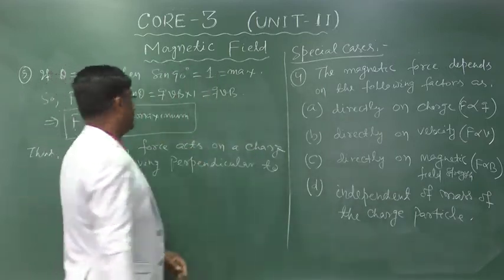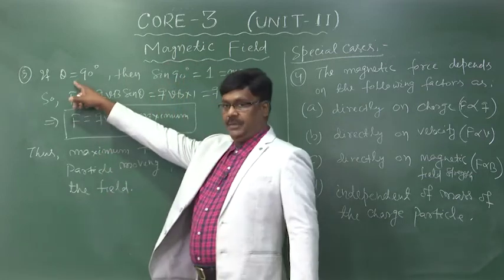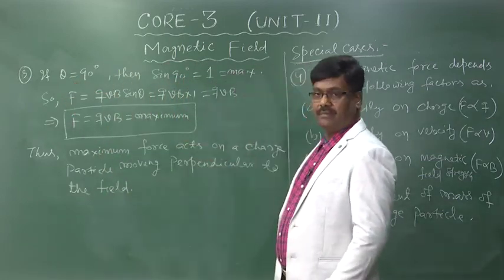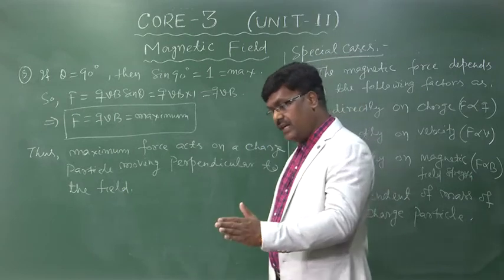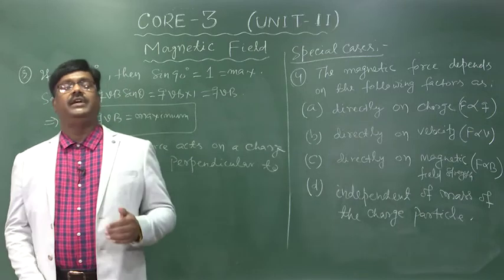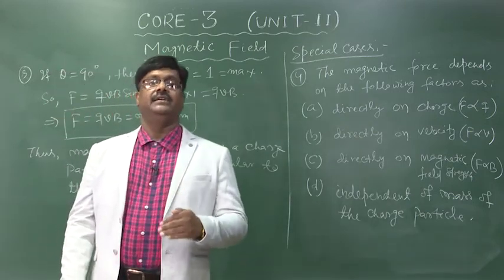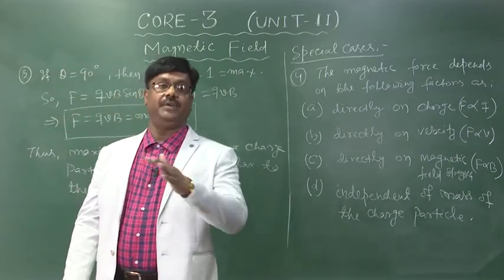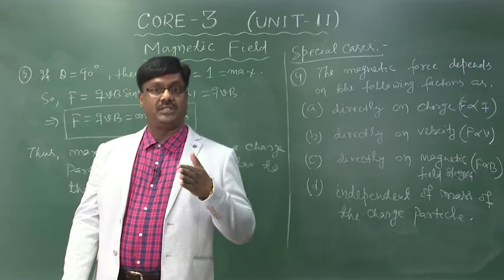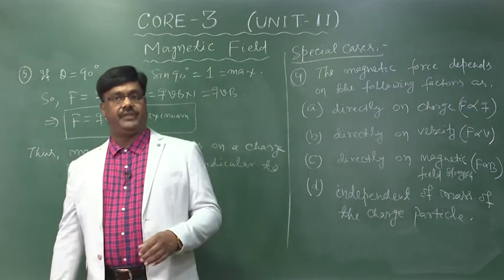Now come to the point: if theta equals 90 degrees, then the force will be maximum. And as I have already told, the direction of force is always perpendicular to the plane containing the v vector and the B vector. That means the plane in which the charged particle moves in the magnetic field.